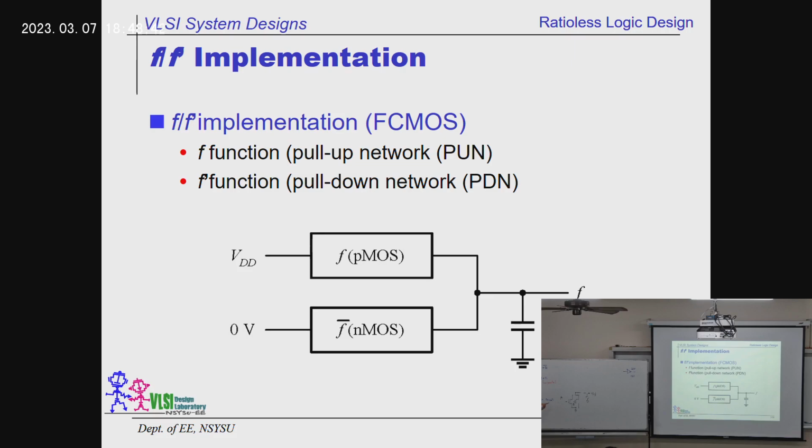So if we have two transistors controlled by A and B, in parallel in the N block, then we are going to have a dual. That is, we are going to have two P transistors, and they are serialized. This is serial, and that is parallel.